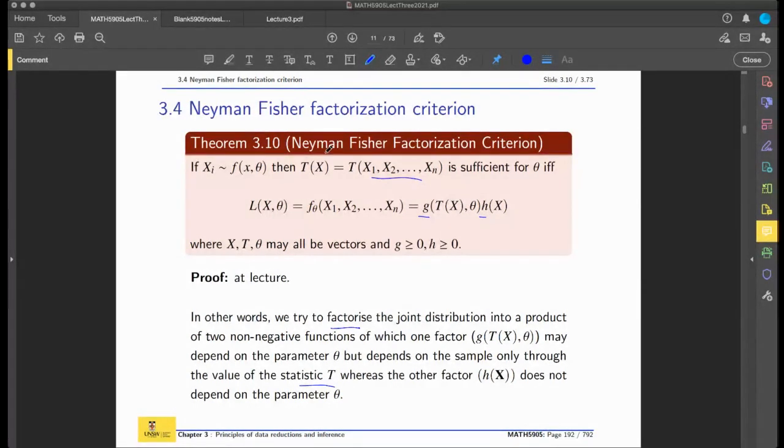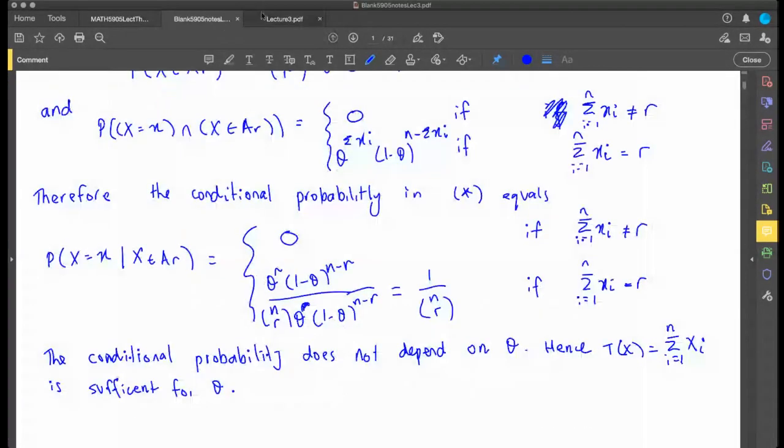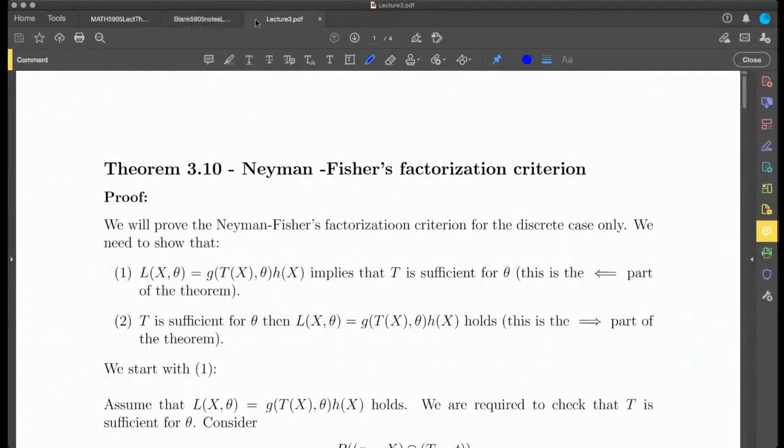All right, let's see why this happens to be true by going through its proof. As I discussed, there are two things we need to prove for the Neyman-Fisher factorization criterion. We need to say, if the likelihood can be written in this form, then T must be sufficient for theta.